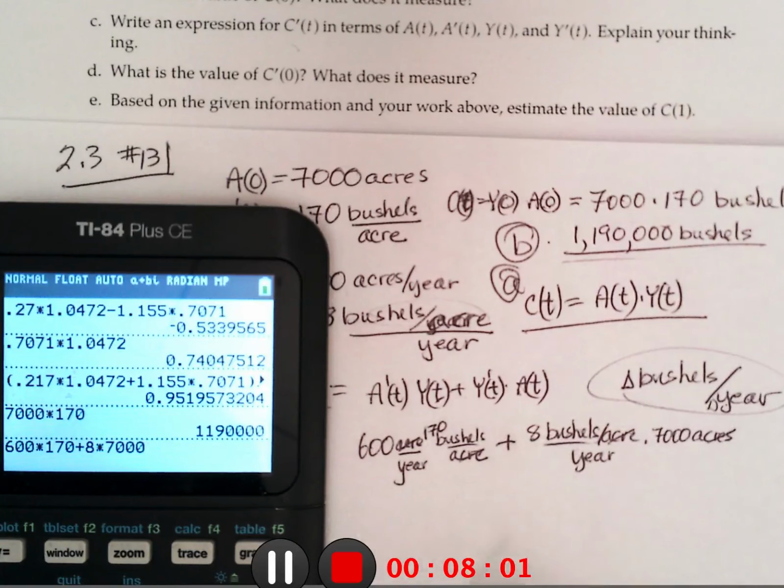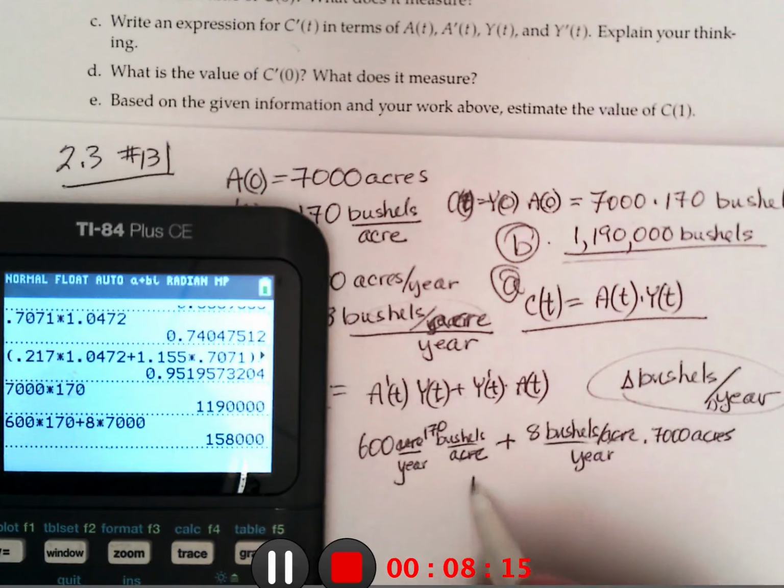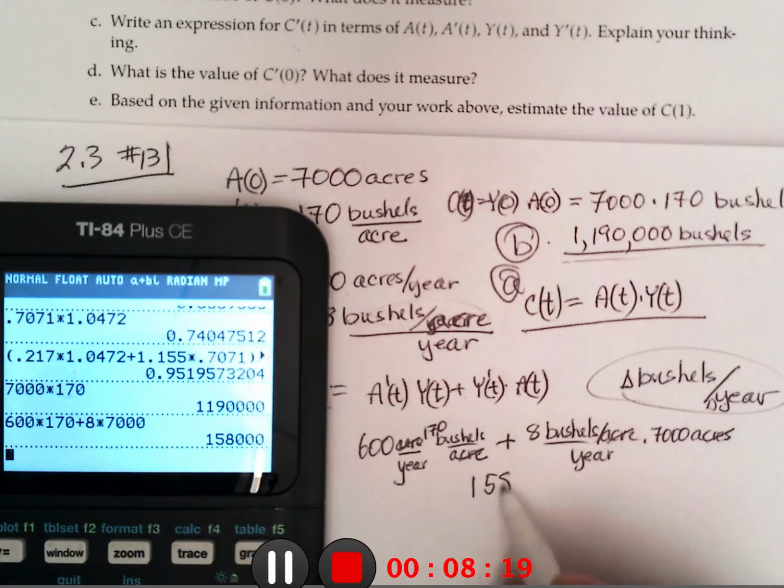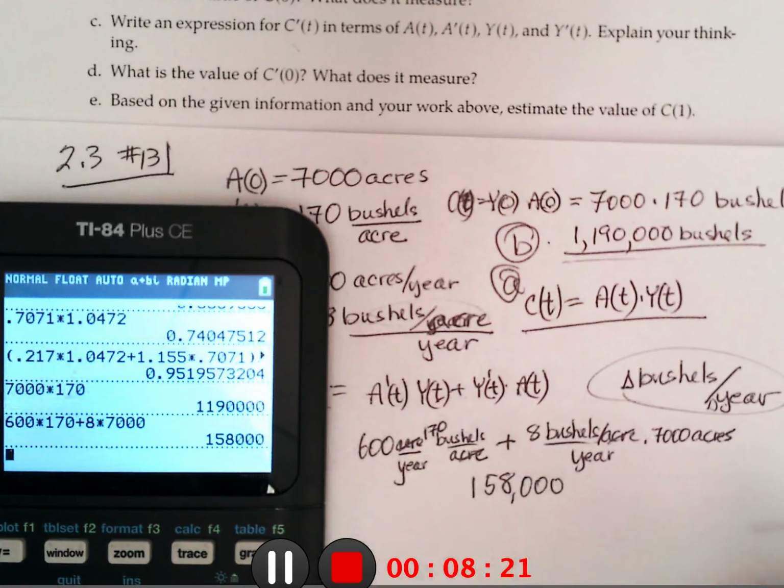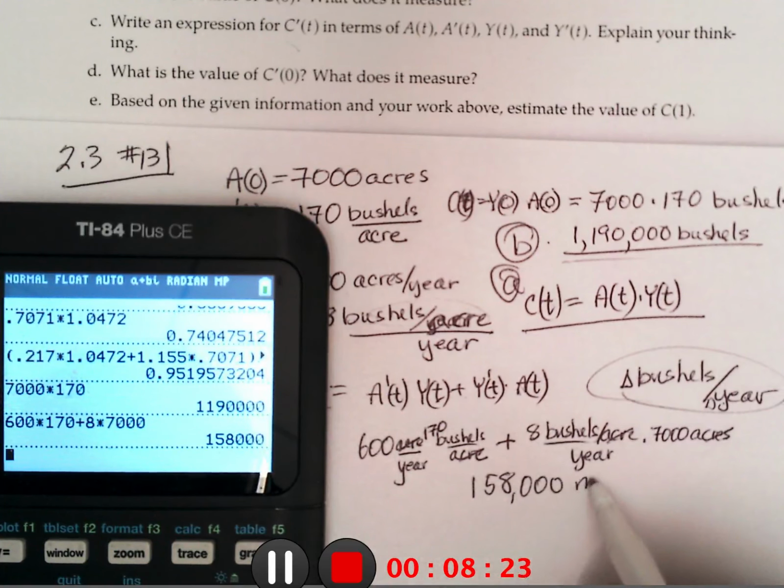And we're getting 170 bushels per acre more for every 600 acres. So we get a total of 158,000 more bushels per year.